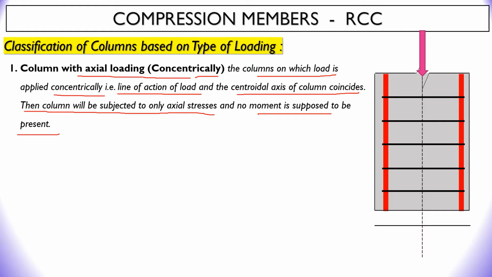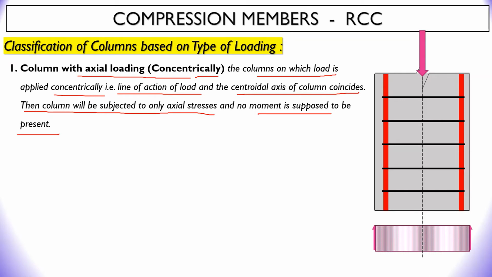That's why this column is known as a compression member. We can easily see here that this load is acting along the centroidal axis of the column. So that means this column will be subjected to only compressive stresses, and there will not be any bending moment or tensile stresses. And here we can see the pressure diagram, the stress diagram.